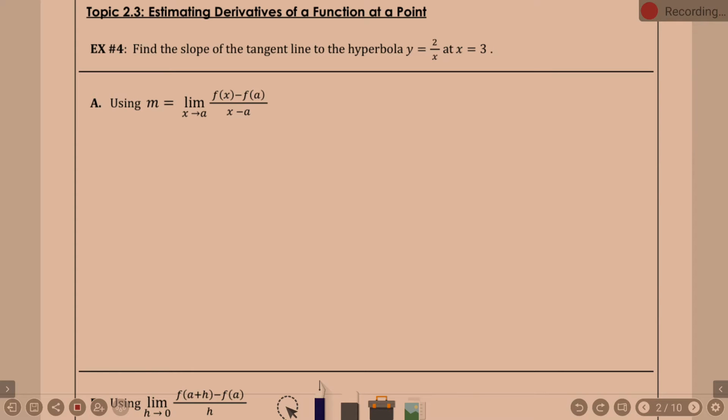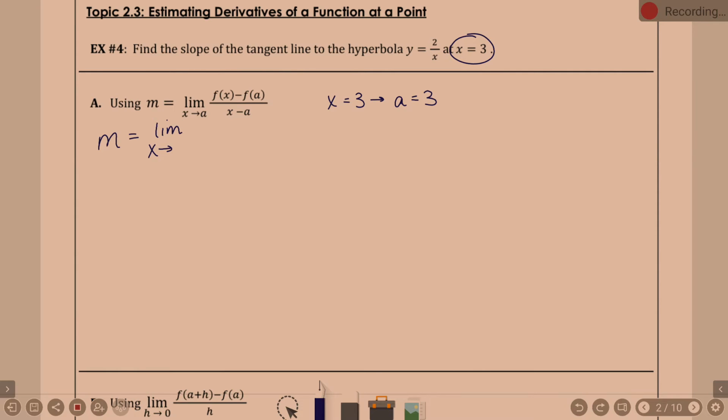What do we know here? What are we doing? We're doing the f of x. Okay. So we're going to do the limit as x approaches what? Right. Since it said at x equals 3, that is saying that our a value equals 3, right?